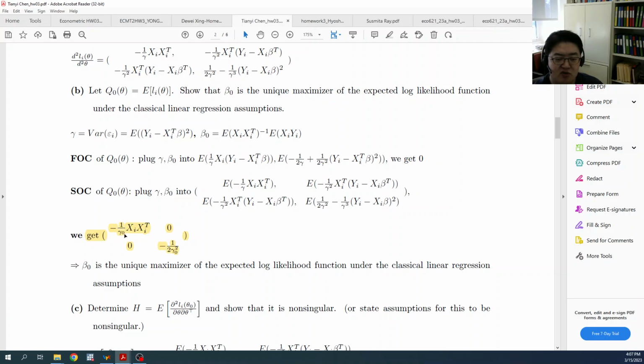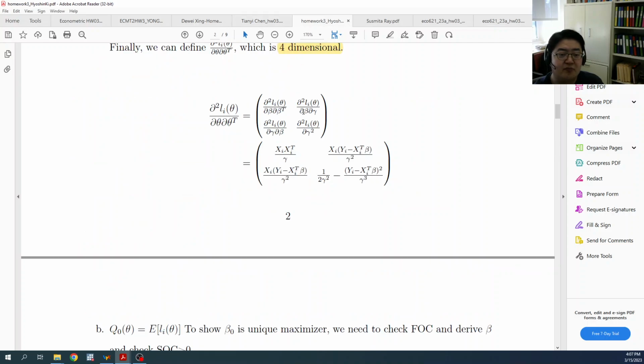There should have been an expectation here, and you had to show that this is strictly negative definite. So there was no discussion about the second order condition. It is about definiteness, positive or negative definiteness of the second derivative. So the discussion is incomplete.